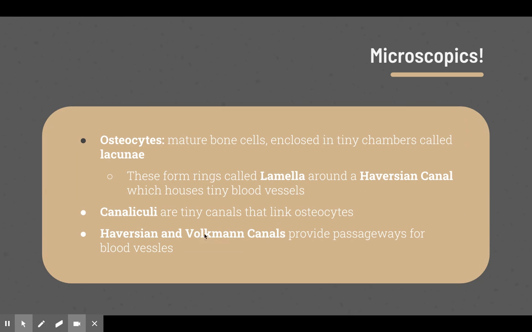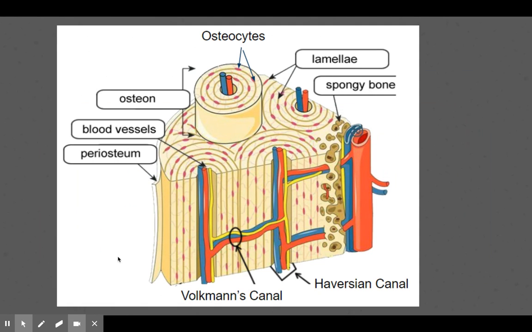The purpose of Haversian and Volkmann canals is to provide passageways for blood vessels, because your bone does have blood vessels inside of it. Let's look at an image real quickly. So here is an osteon. An osteon is a unit that makes up your bone. So you have many osteons, which together create the entire bone. Your osteocytes are here.